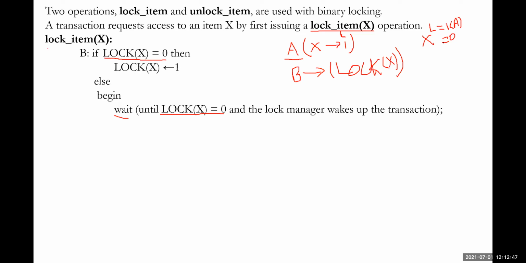If it becomes zero, the lock manager wakes you up. The lock manager will inform you that the lock is free, so you can acquire it. That is the simple algorithm. Then again, for B, if lock equals zero, you acquire the lock.